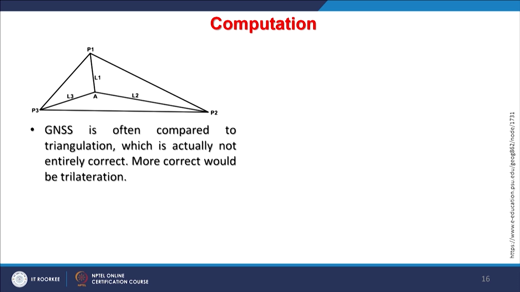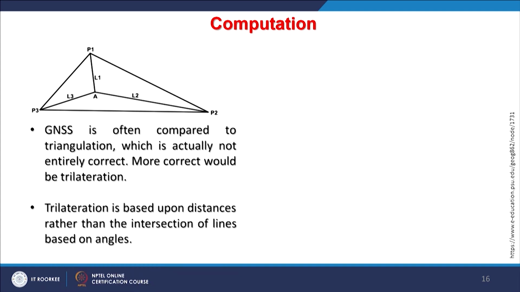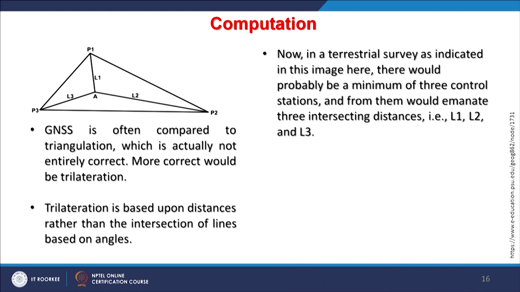So GNSS is often compared to triangulation, which is not entirely correct. More correct would be trilateration, because it is not in 2D but in 3D, based upon distances rather than the intersection of lines based on angles. That is why it is trilateration.